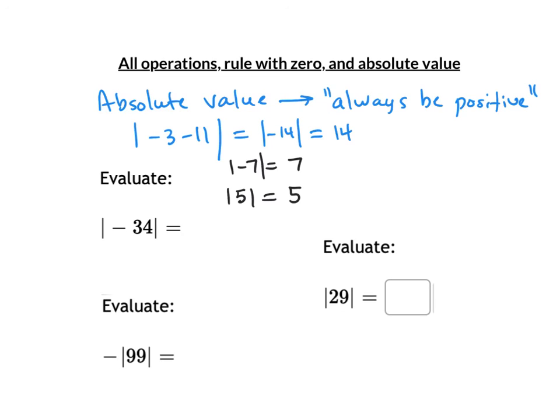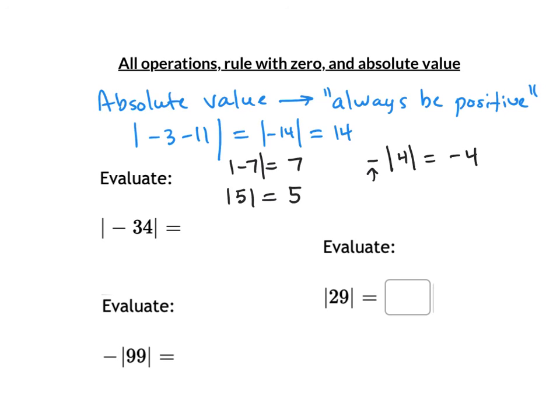The only way you can end up with a negative answer is if your negative is on the outside. If I ask you for the opposite of the absolute value of 4, the absolute value of 4 is 4. This negative out in front is not affected by the absolute value. Absolute value of 4 is 4, so this ends up being -4.